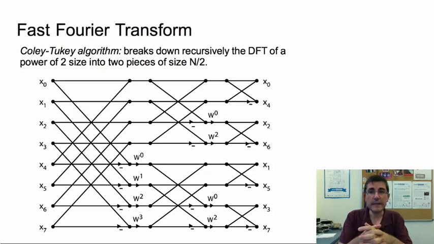So the fast Fourier transform is an efficient implementation of the DFT equation, and it does that by taking advantage of symmetries. What it does is that it restricts the input signal to be of size a power of 2, and thanks to that, there is a whole bunch of symmetries that appear.